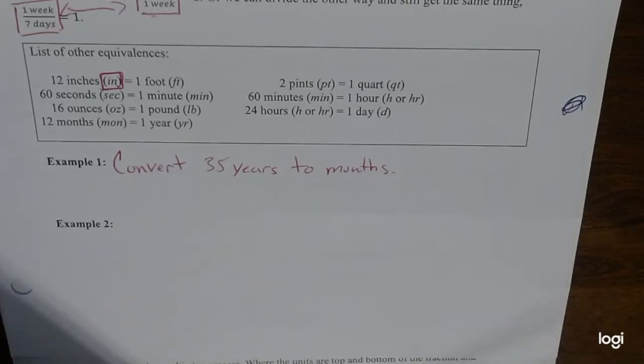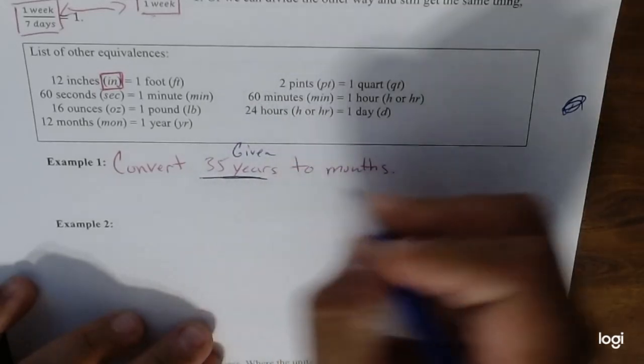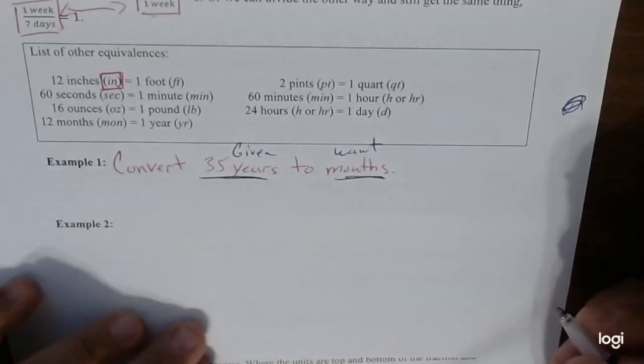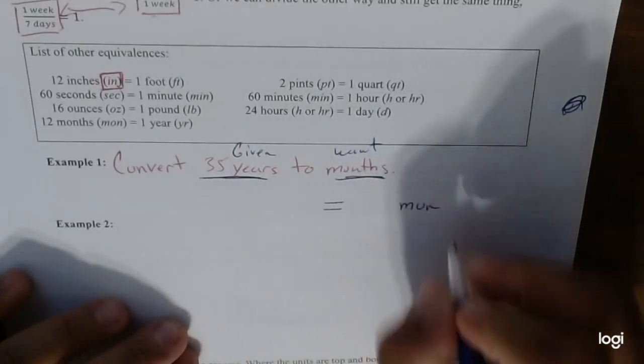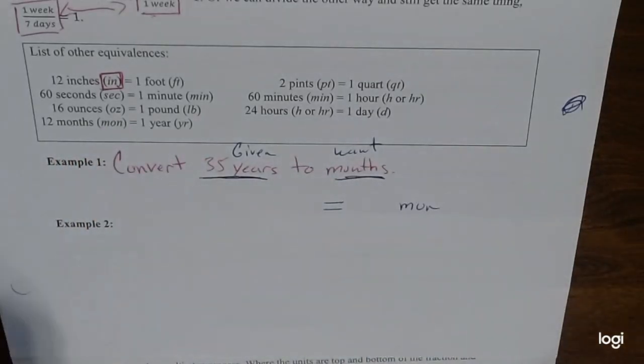Now, whenever you want to do a conversion factor, again, if you guys remember in a little bit of chemistry, you always want to start with what you're given. So, right, we're given 35 years. So this is a given. And you always want what you want. And we want months. So somehow at the end of this calculation, our notation should be months, right? MON for short, months.